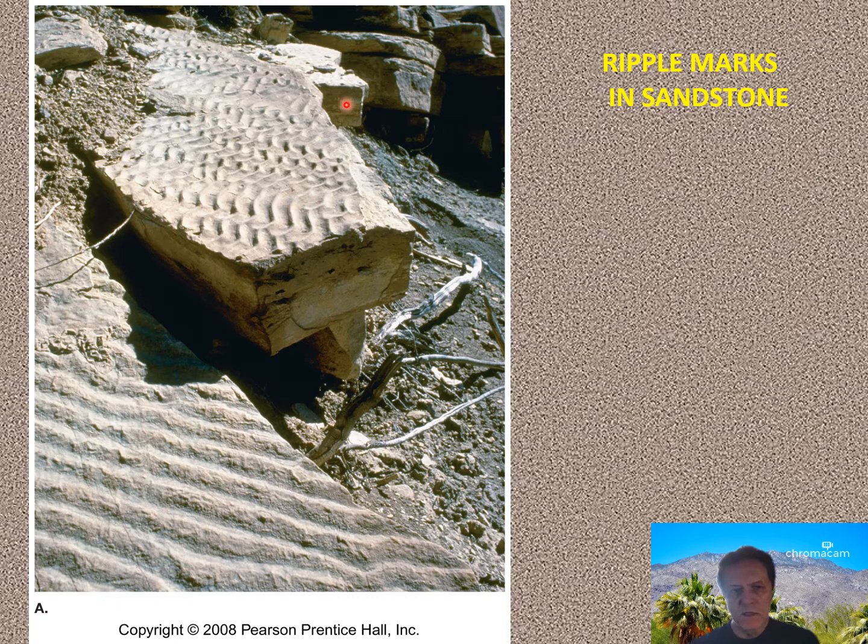So if you visualize a shallow lake or pond with a sandy bottom, and you have wind-driven waves on top of the water that also move the water near the bottom, the water near the bottom moves the sand and puts little ripples in it. The sand then gets buried, compacted, and cemented into sandstone, which we see here, and the ripple marks on the sandy bottom caused by currents are also preserved.